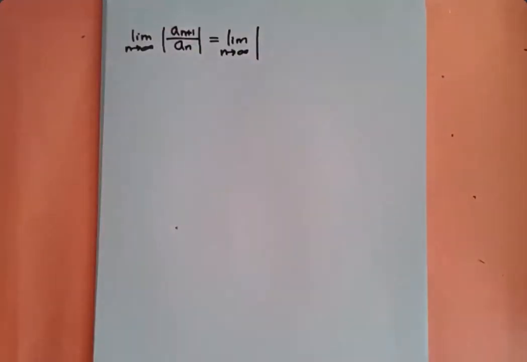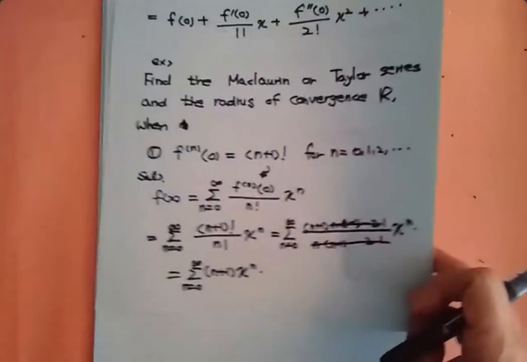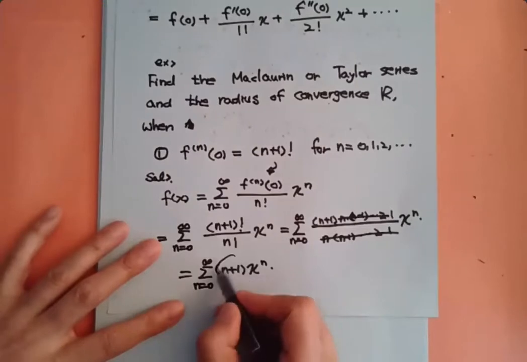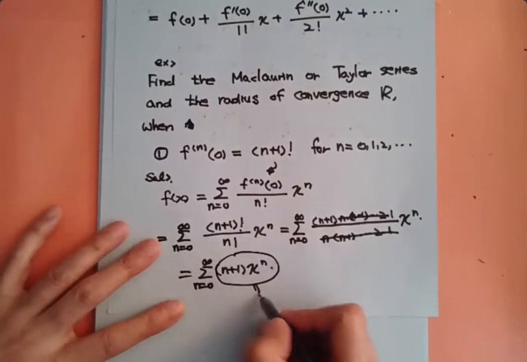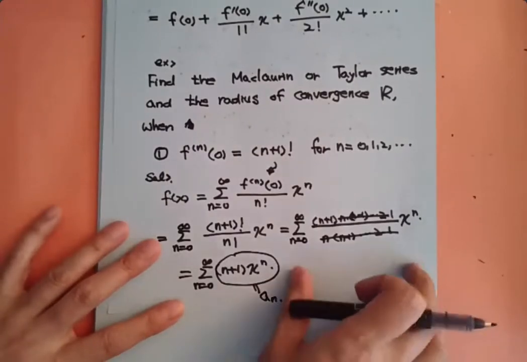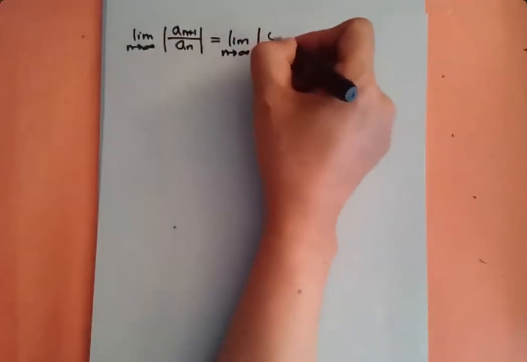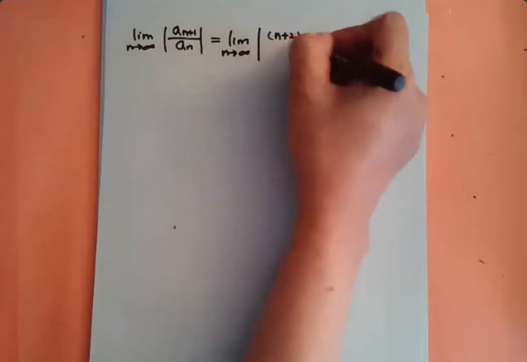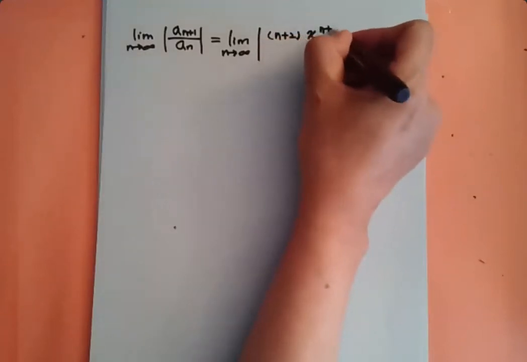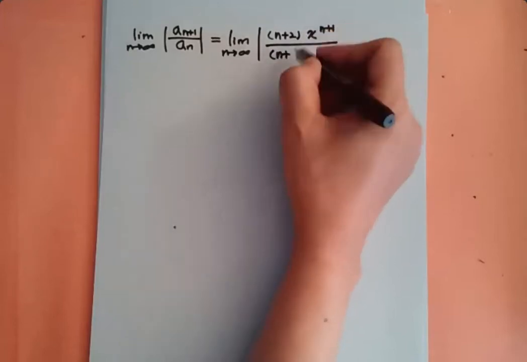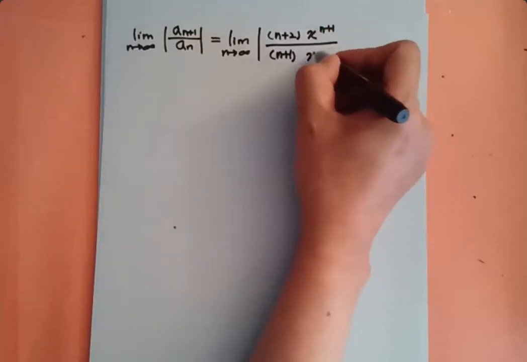So this is a n, right? So a n plus 1 will be (n plus 2) times x to the n plus 1, over a n, which is (n plus 1) times x to the n power.